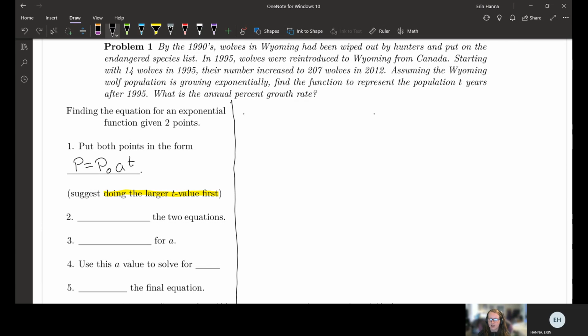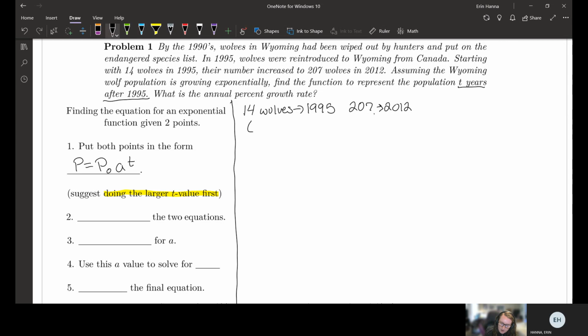Well, the first thing I need is the 2 points that I'm working with. We're asked to do t in years since 1995. So I have 14 wolves in 1995, and I have 207 wolves in 2012. So t is essentially our quote-unquote x value.